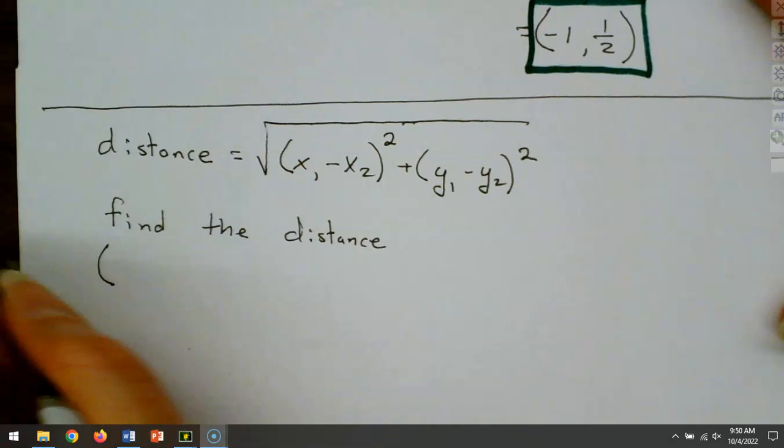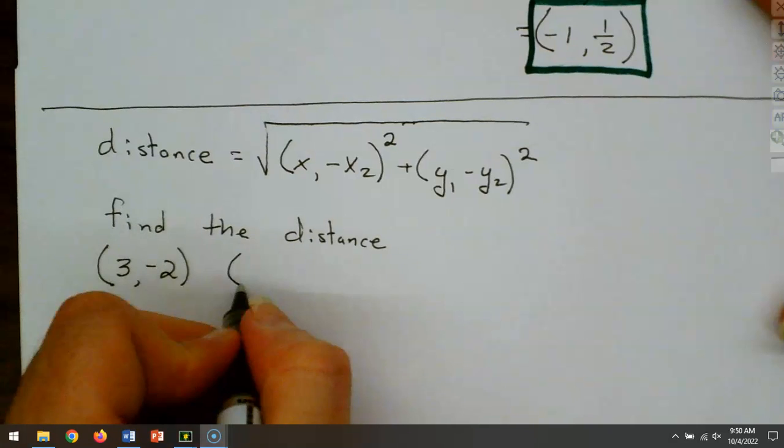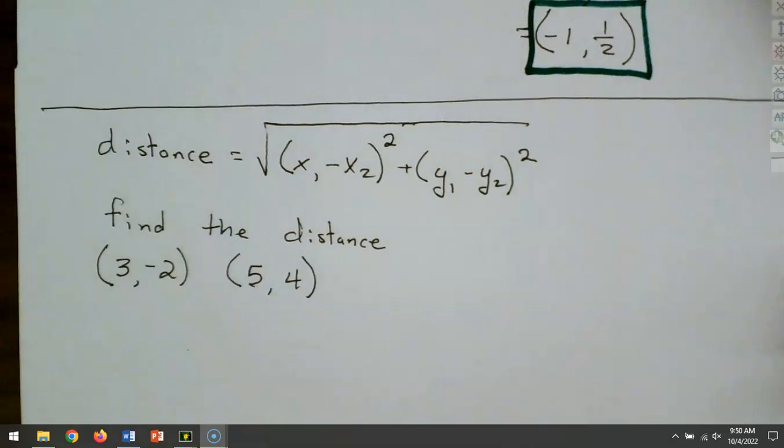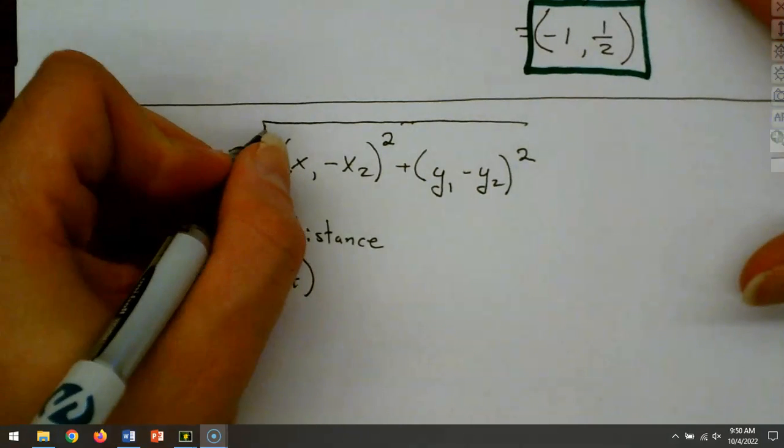So let's find the distance here. About 3, -2, and 5, 4. Now, sometimes these will come out to be nice whole numbers, and other times we'll have a root left over. And we also may have to break them down.